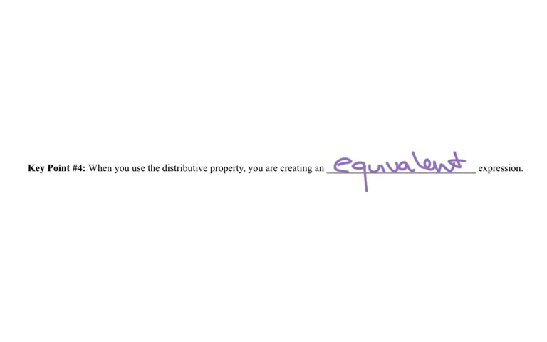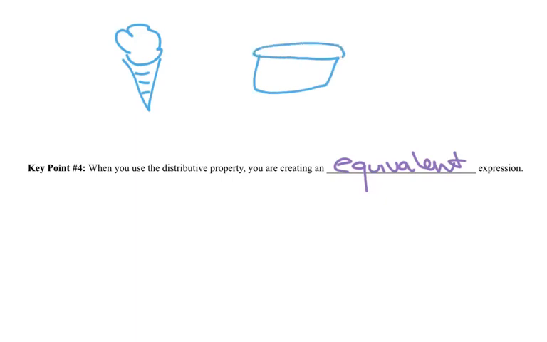Just like if you have an ice cream cone, or an ice cream with a cone on top, all sitting in a cup. You still get the same amount of ice cream, you still get your cone, it just looks a little bit different. We are just changing it to make it simpler for us to understand and eventually evaluate, but we're not actually changing the amount that the expression represents.